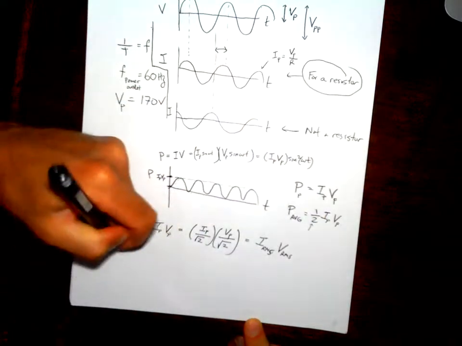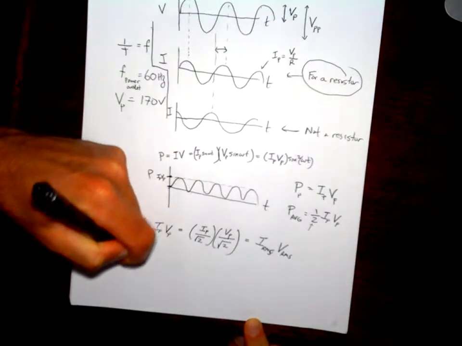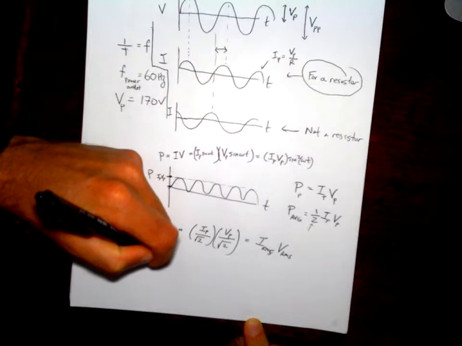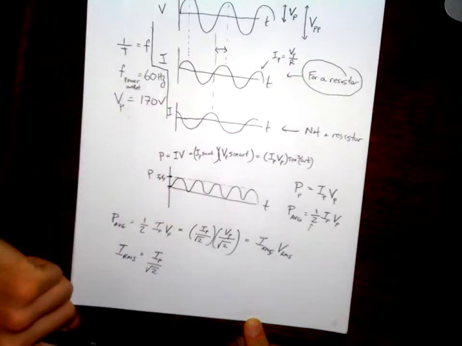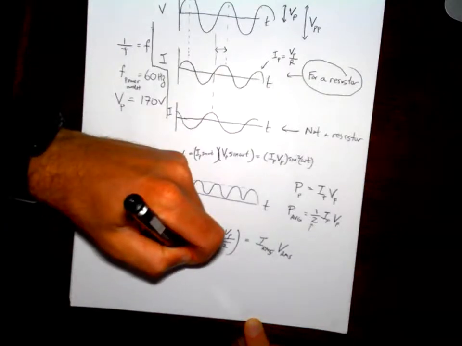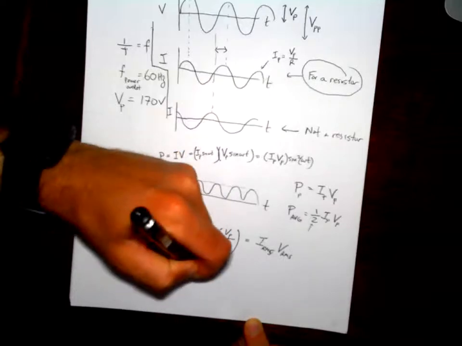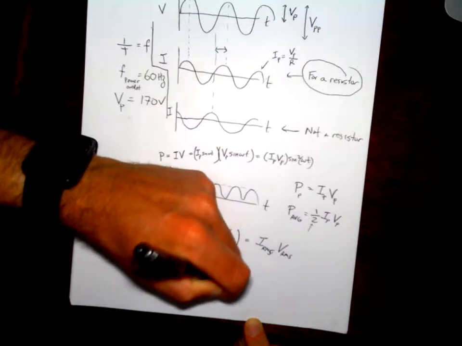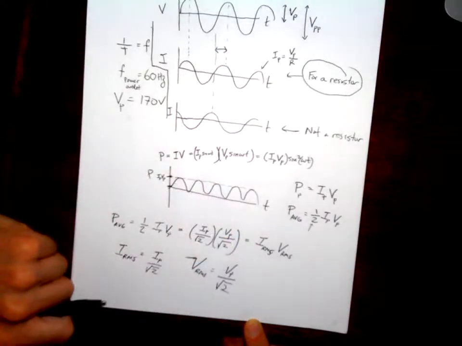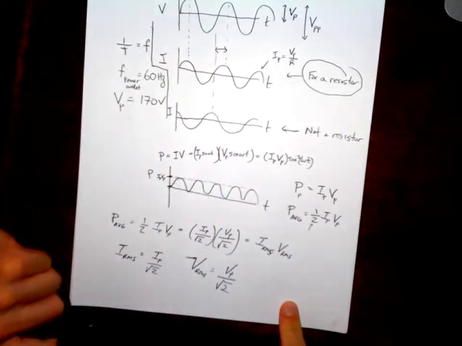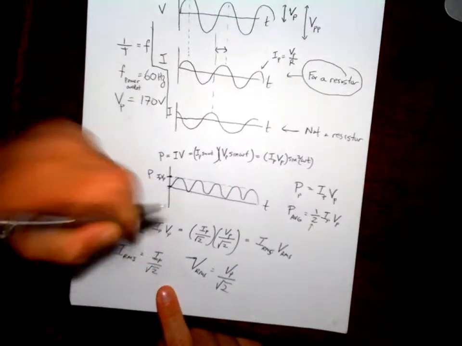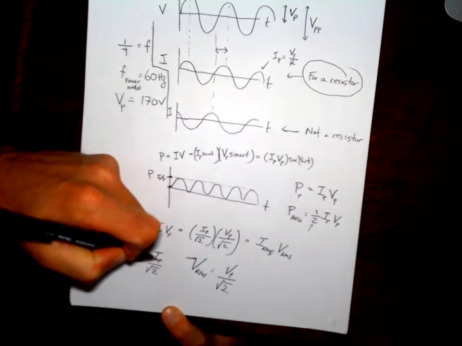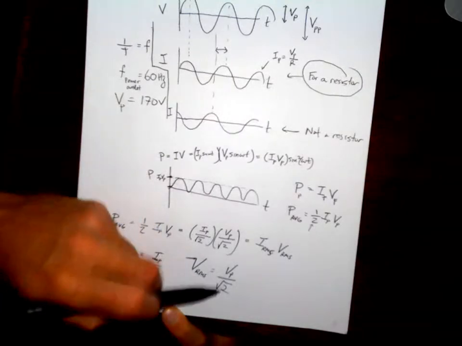The RMS current is the peak current divided by square root of 2. The RMS voltage is the peak voltage divided by square root of 2. To get the RMS, you have to divide by square root of 2.